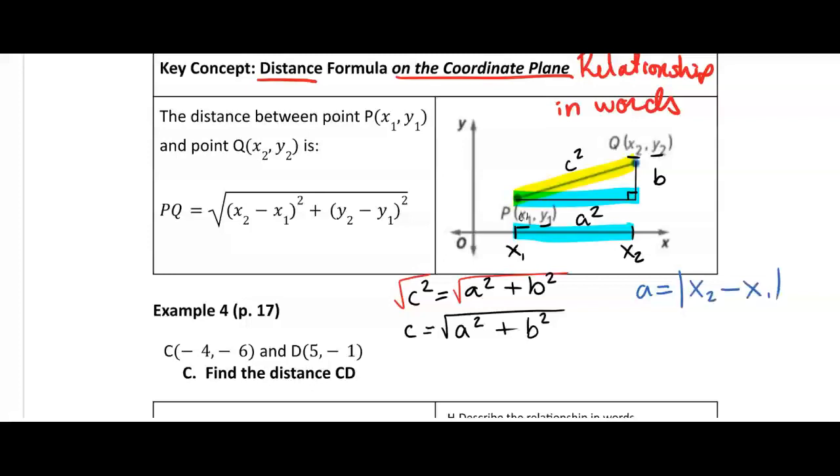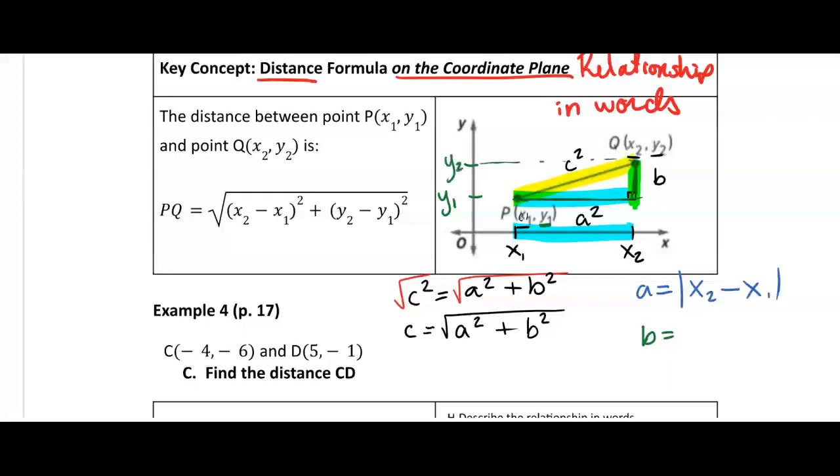And then when trying to find b, it is this segment here. And this segment has a lower y-coordinate that's the same height as this right here, which is y sub 1. And it has an upper coordinate right here of y sub 2.